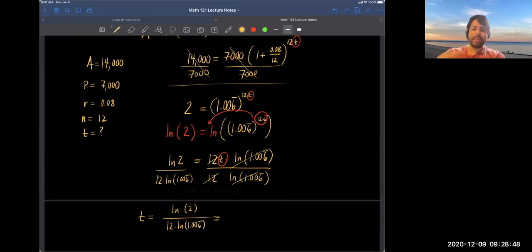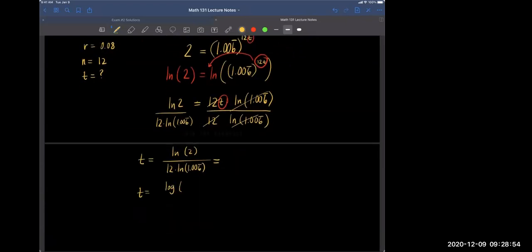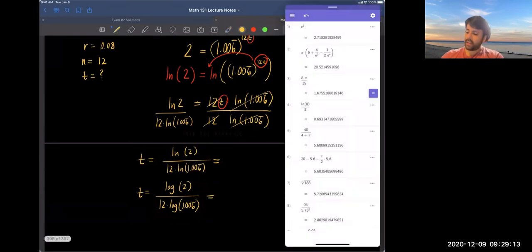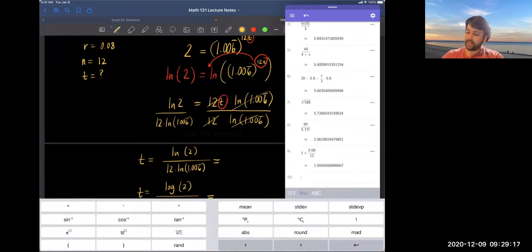I can use log base 10 and it would look just like this: t equals log of 2 divided by 12 times log of 1.006 repeated. Whether I compute this expression or this expression, I get the same thing. I'm just accustomed to using ln.